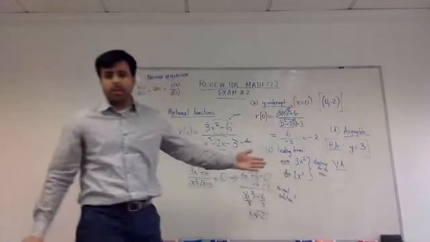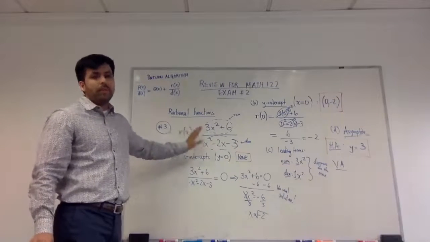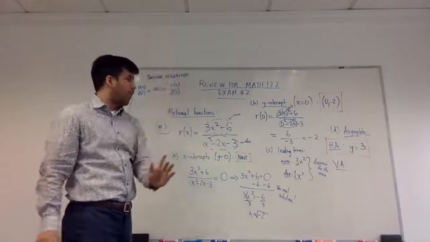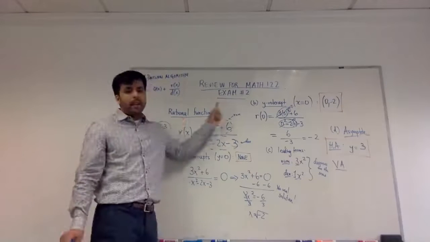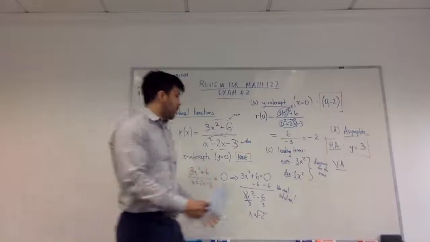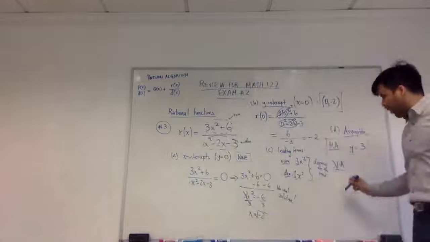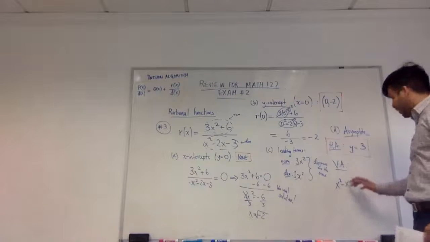Now, the vertical asymptotes are found when you set the denominator equal to 0, because the vertical asymptotes are the vertical lines where my function is undefined. My function here is undefined whenever my denominator equals 0. So when I have to find the vertical asymptote, I always set my denominator equal to 0.